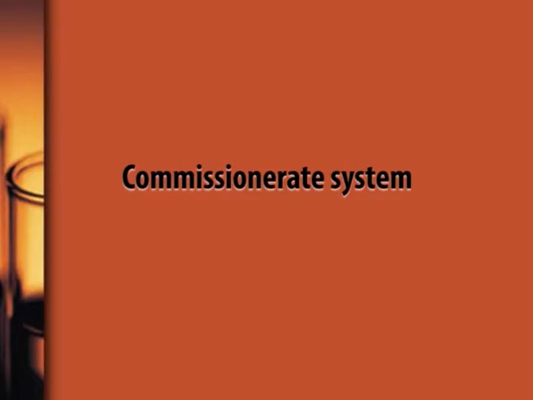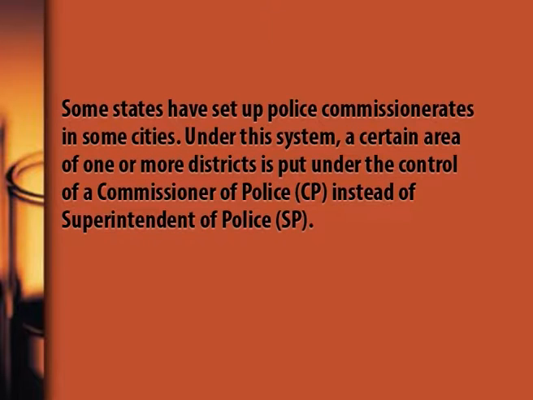The next type of system is the Commissionerate system. Some states have set up police commissionerates in some cities. Under this system, a certain area of one or more districts is put under the control of a Commissioner of Police or CP, instead of a Superintendent of Police, that is SP.